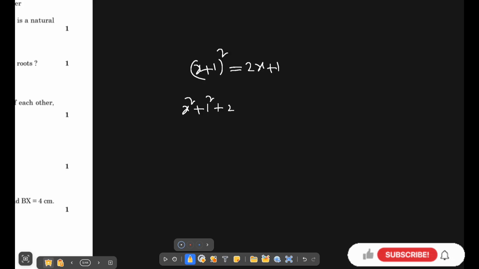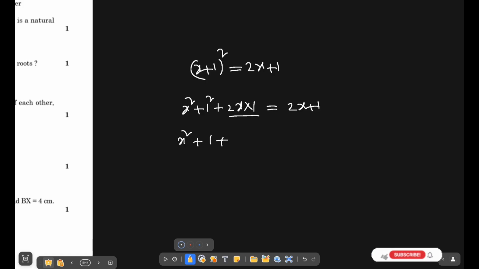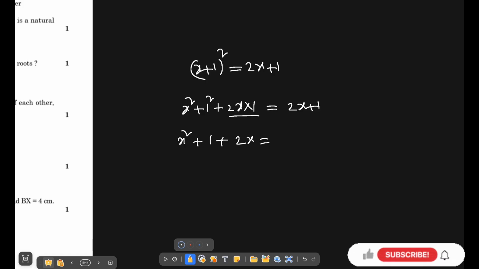So x square plus 1 square is 1, plus 2 into x into 1, 2x, equals 2x plus 1. Left side 2x, right side 2x gets cancelled. Now left side 1, right side 1 gets cancelled.